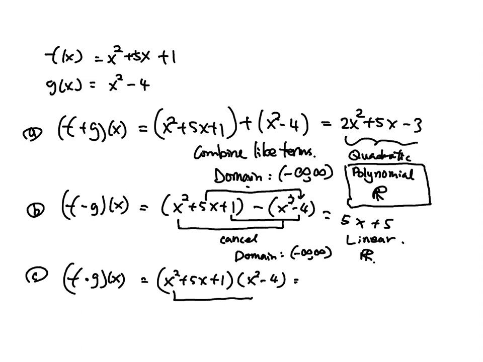So x squared times x squared is x to the 4th. x squared times negative 4 is minus 4x squared. 5x times x squared is plus 5x cubed. 5x times negative 4 is a minus 20x.